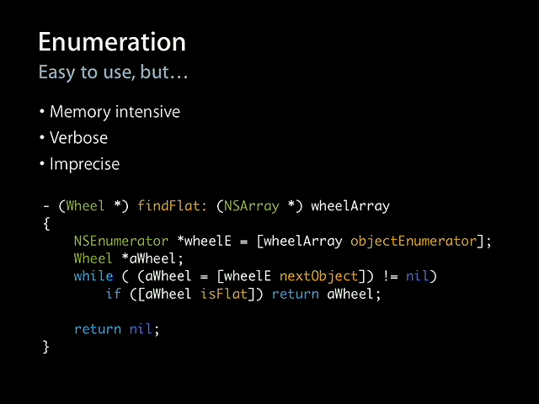It was memory intensive because that invocation of objectEnumerator ended up duplicating the collection being enumerated most of the time. It was verbose. I mean, there's just a lot of lines of code here. Very repetitive, and of course, anything that's repetitive is error prone. And it was imprecise because you weren't really enumerating the collection that you started with. So there could be mismatch, there could be other bad things happen.